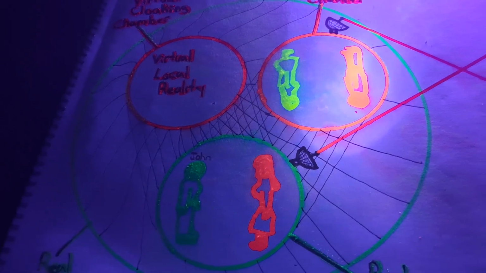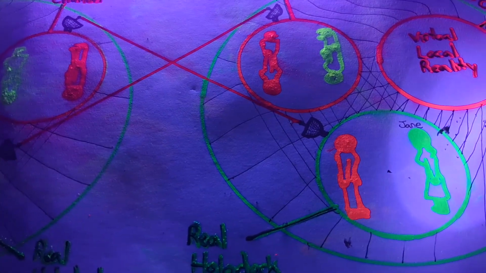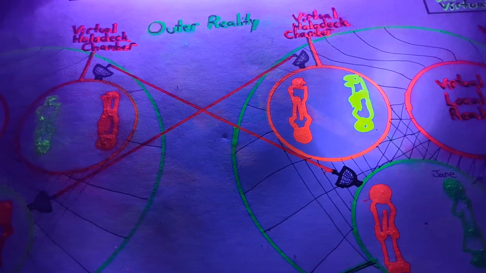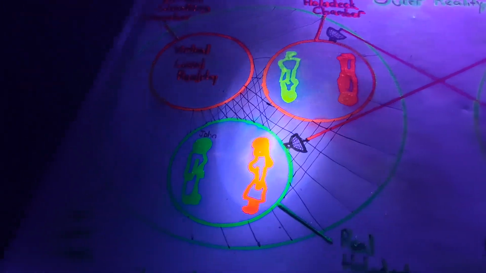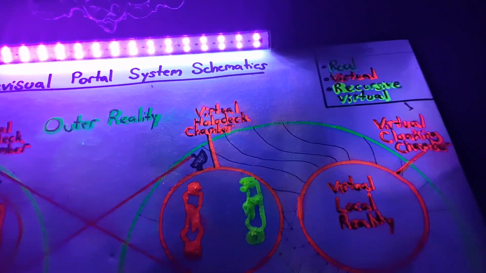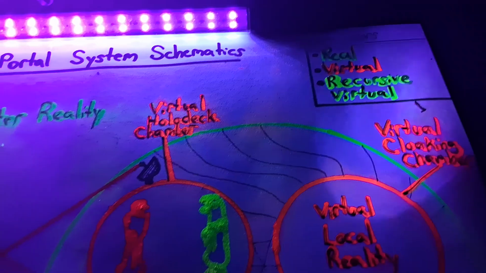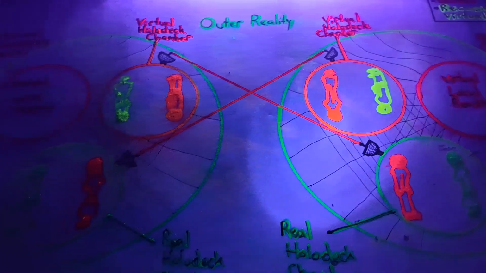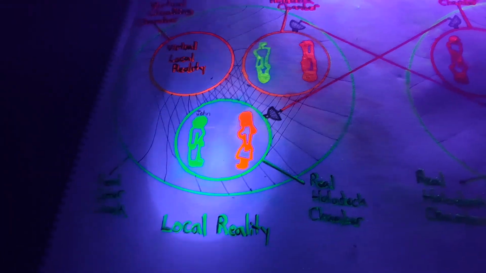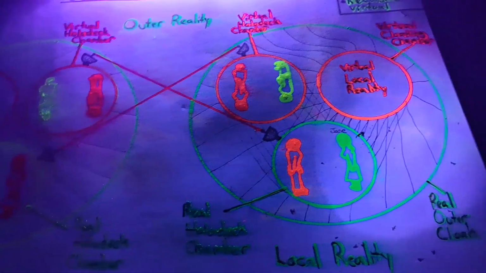Well, no, she's virtual still. But then when she goes over here, she'd be recursive. And I don't know if that coloring scheme actually did justice to this, but that's what this coloring scheme is: real, virtual, recursive, virtual. And it combines two distant realities, local realities of John's and Jane's.